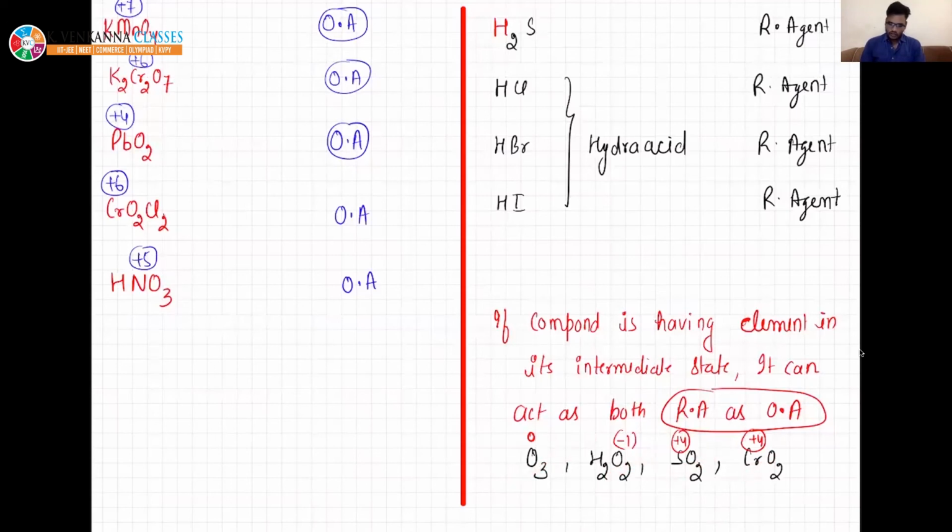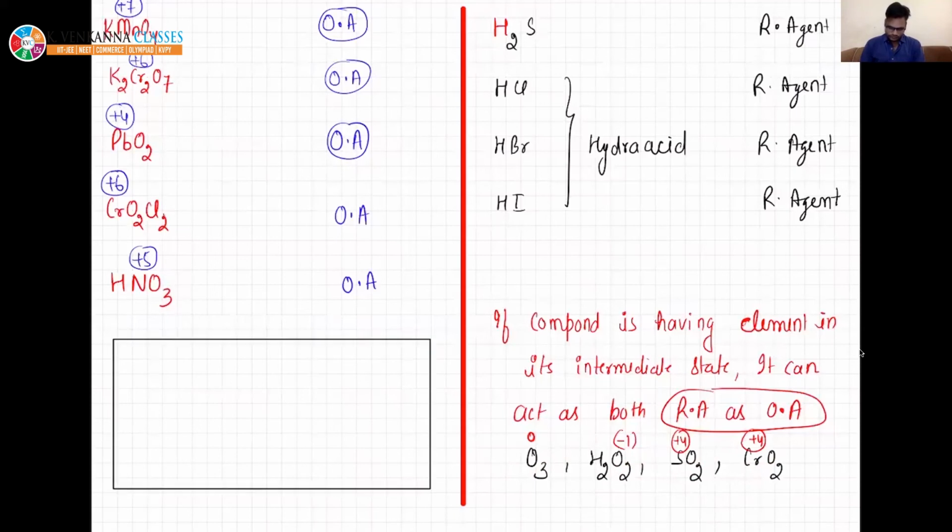Also, I want to tell you one very important thing. If you see H3PO4, H2SO4, H2CO3, they do not act as oxidizing agents. Here carbon is in +4, its maximum oxidation state.